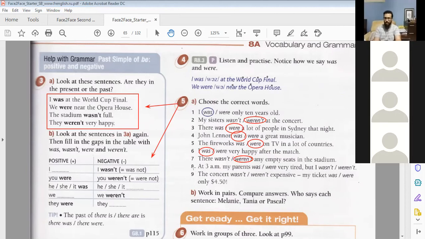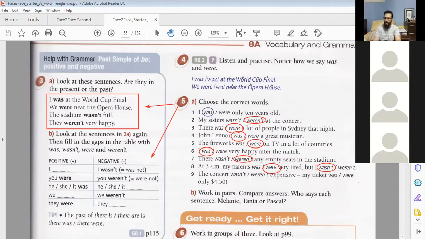Good. Media, number 8. At 3 a.m., my parents were very tired, but I wasn't. Nice. And the last one, Manal, can you do number 9? The concert wasn't.